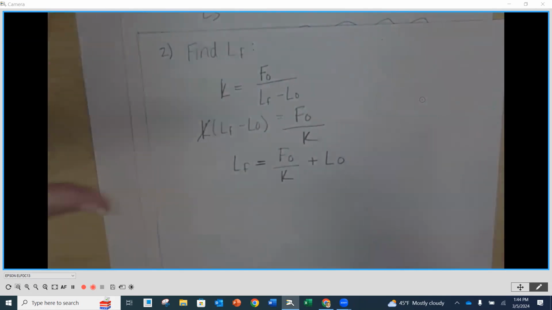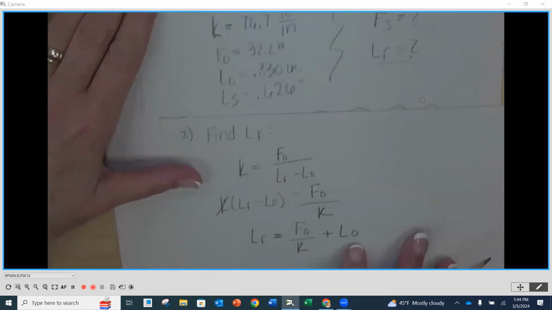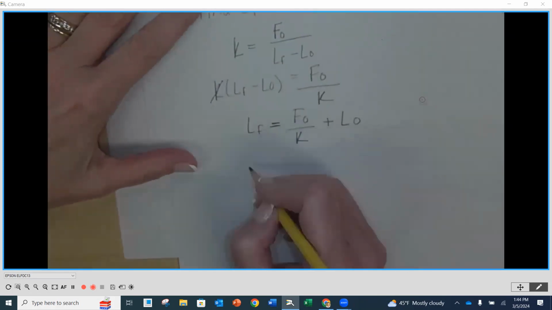Okay. So now we just have to plug in our values on the right side and we should get our free length.